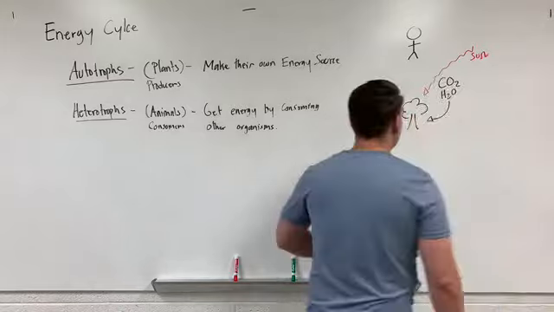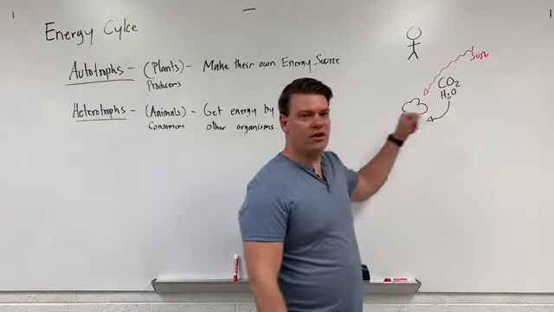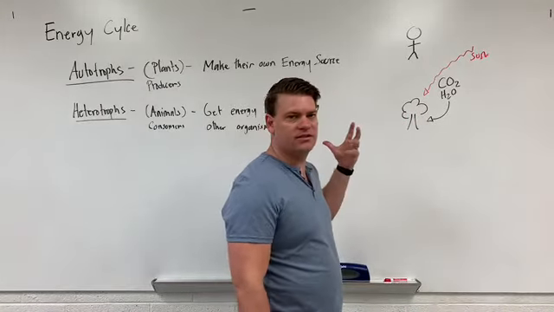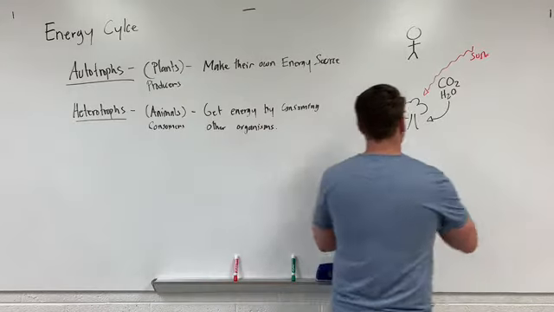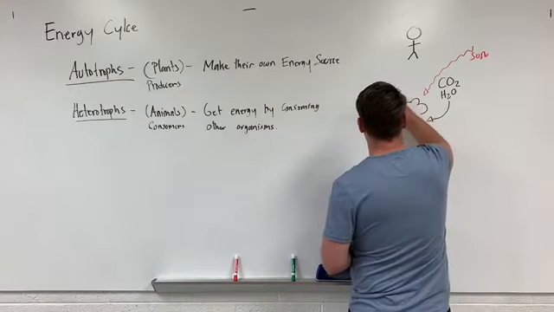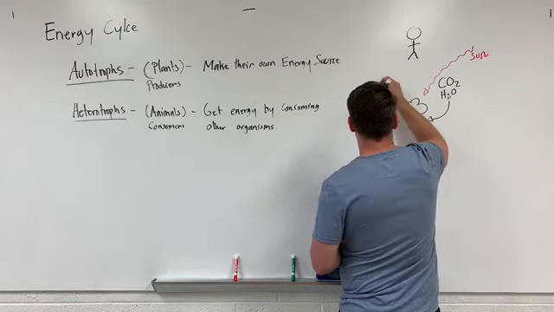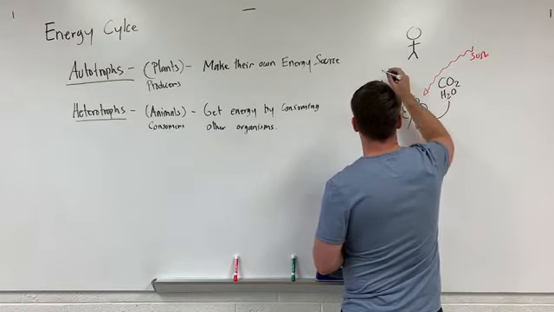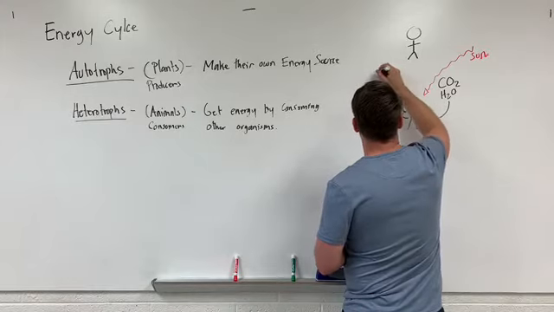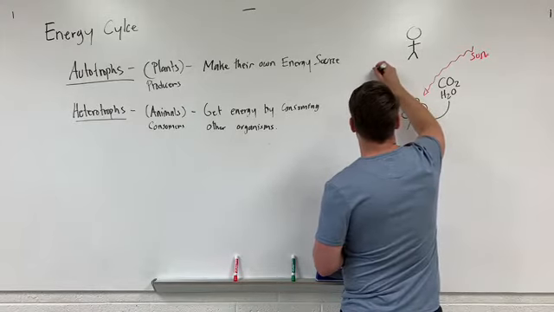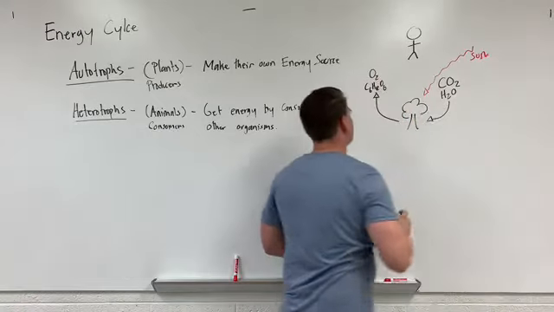When plants use the sun, carbon dioxide, and water, they are able to create products from that. The products they create are going to be sugar, which is C6H12O6, and oxygen, which is O2.